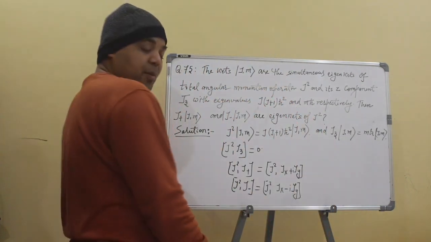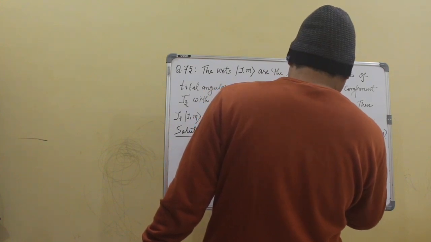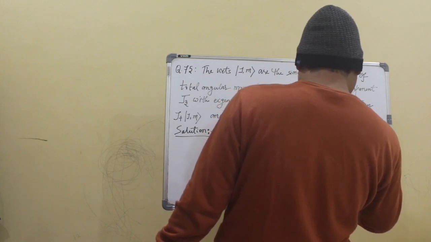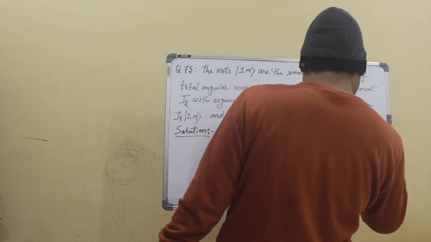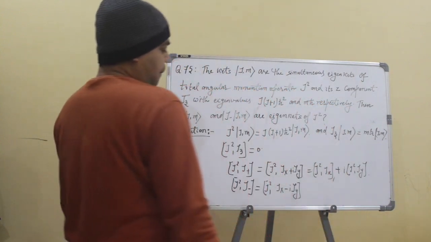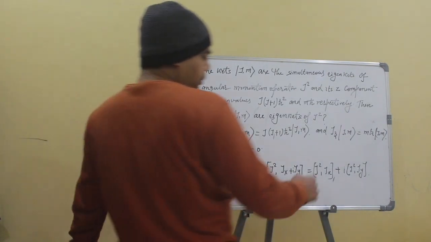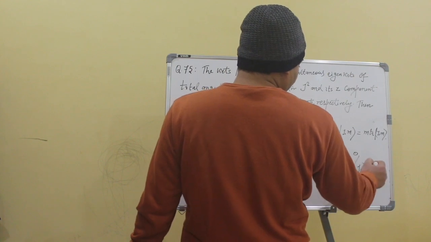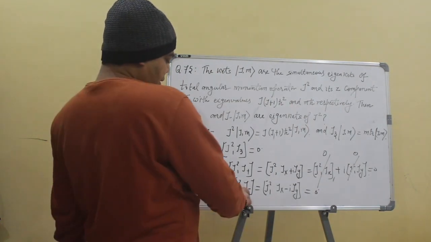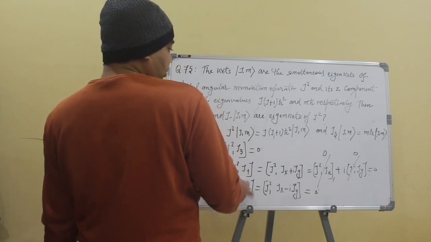Now if you solve this, you will simply find that J square with Jx plus i times J square with Jy, so J square will basically vanish with Jx and Jy also. Similarly this one is also going to give you zero. So if these are commutative operators, it means J square commutes with J plus, and J square commutes with J minus.